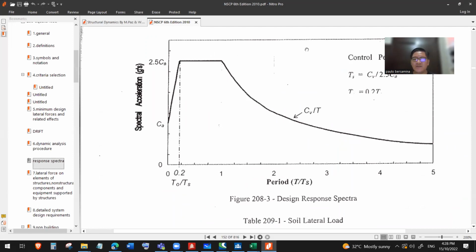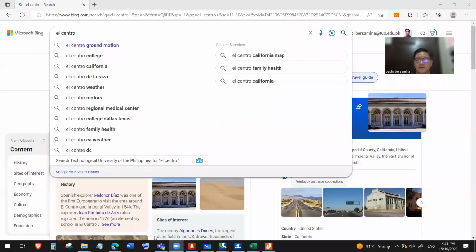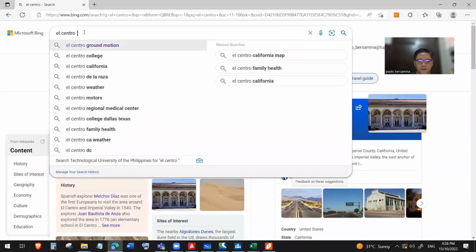So let's search for that. Open ko lang si El Centro earthquake.